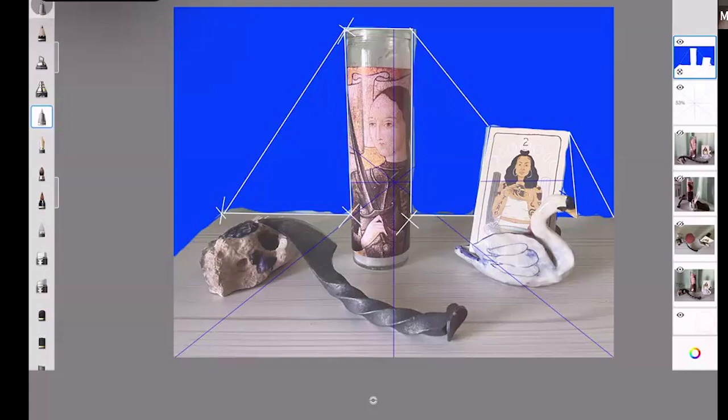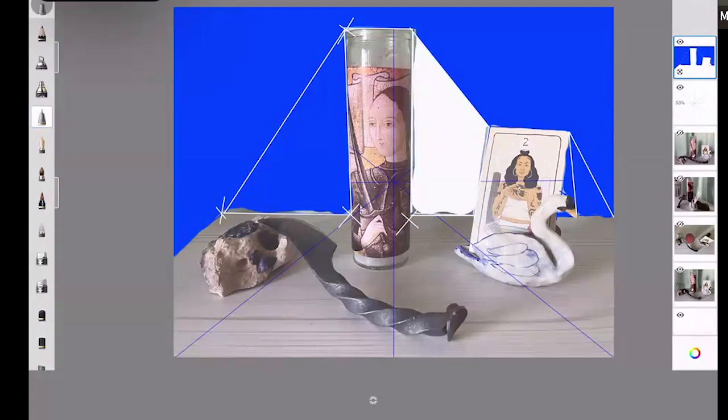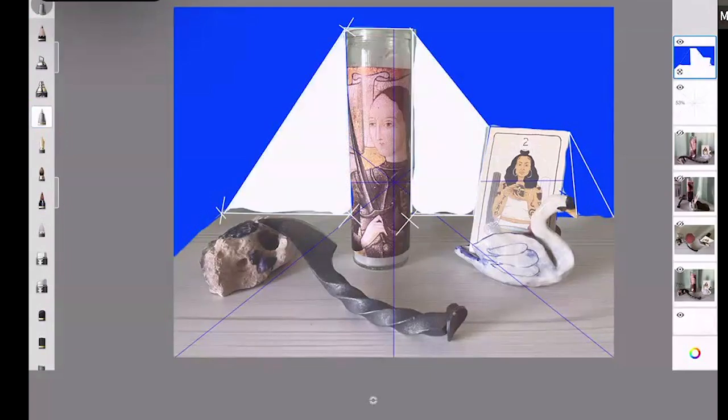Ooh, let's see if it works. Yes, there we go. And so we are now able to look at this specific location and say that this triangle now is a certain size and has a certain boundary.